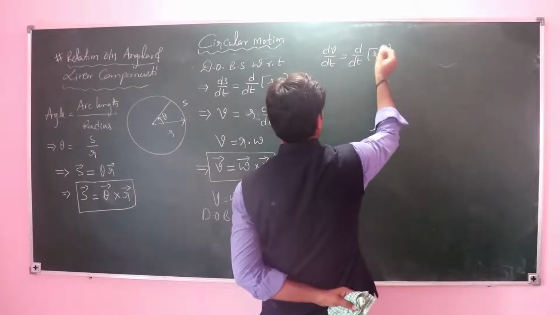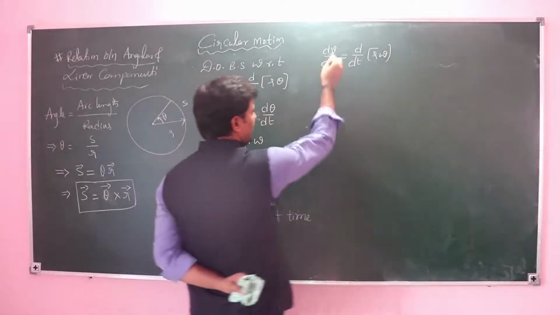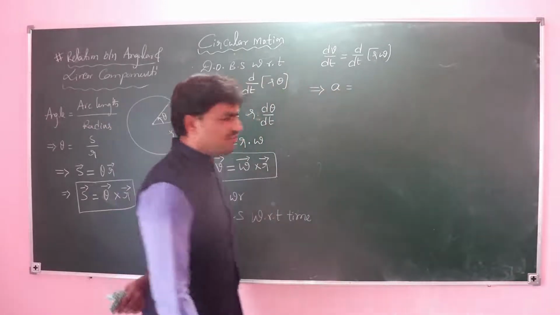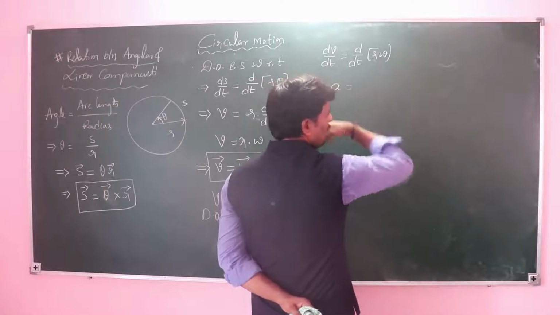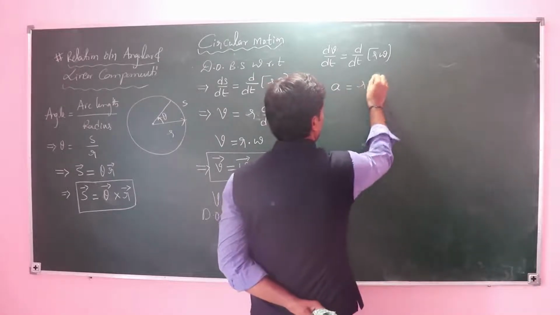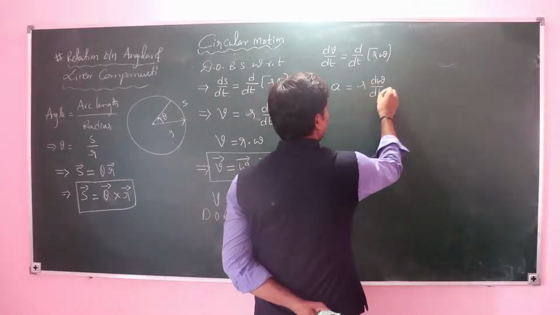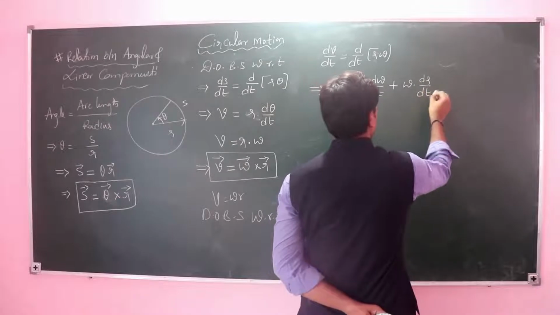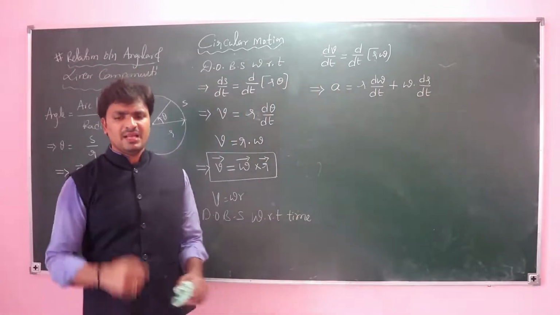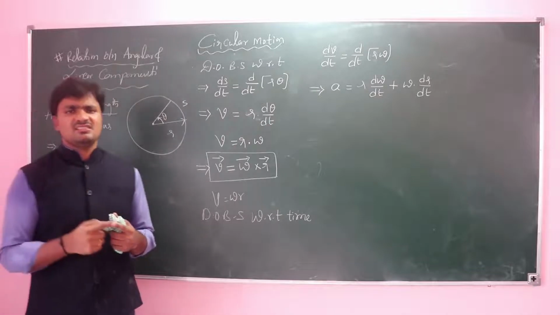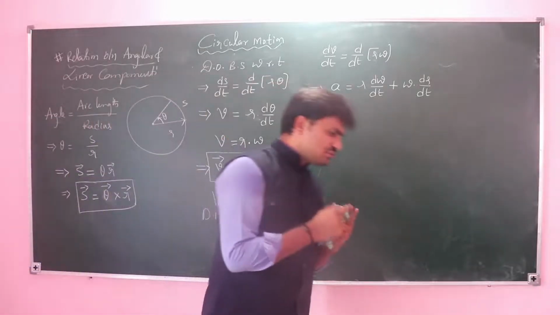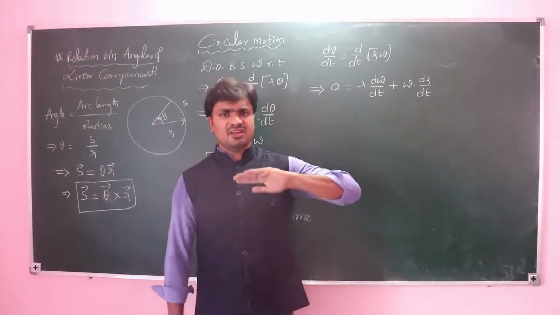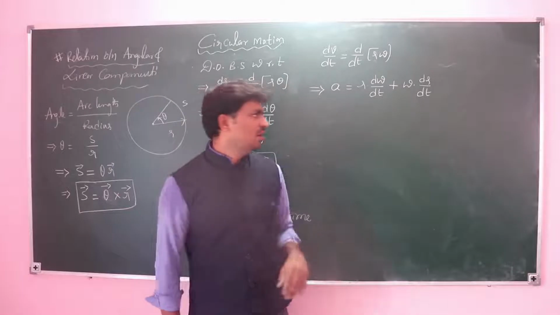Here dv by dt is the acceleration. Applying the product rule, r into d omega by dt plus omega into dr upon dt. Actually this is applicable for both uniform and non-uniform circular motion. From here you can segregate whether the motion is uniform or non-uniform.